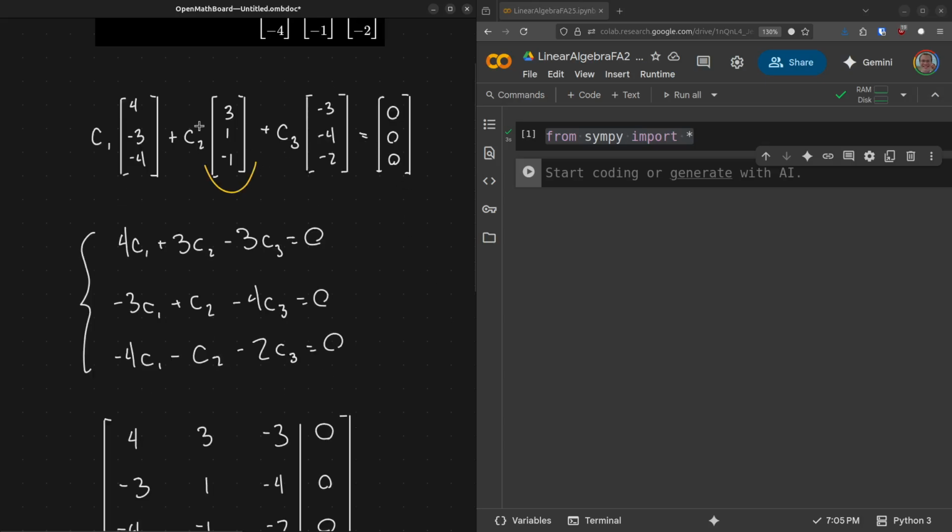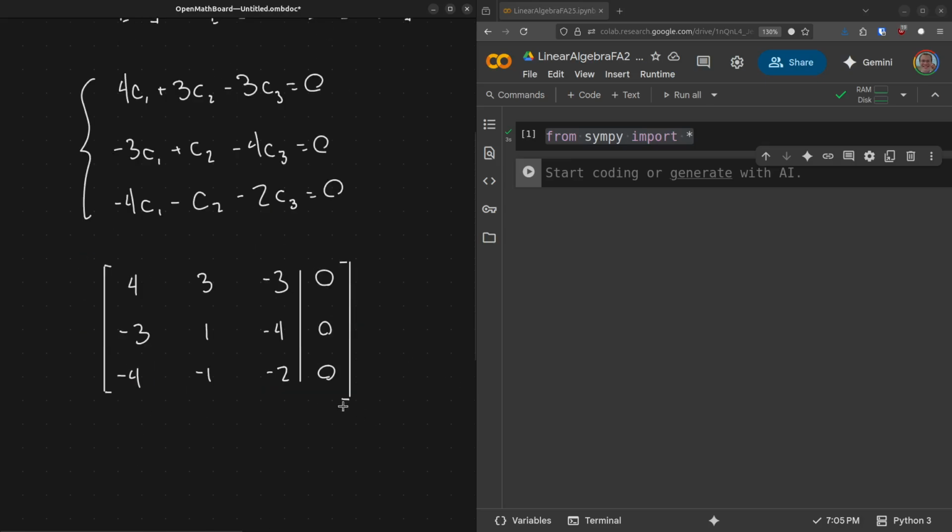The second vector is the second column. The third vector is the third column, and on the other side of the equal sign, that's the augmented part. Okay? So once you realize that, you can skip writing out this whole system of equations. But now that we have our matrix, let's get it in reduced row echelon form.